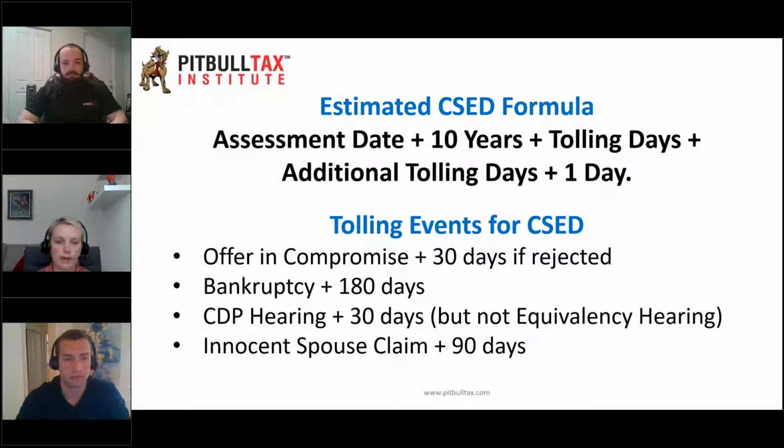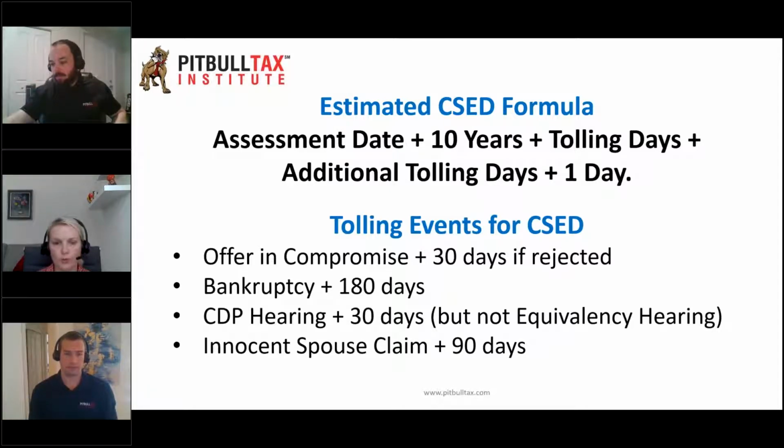Bankruptcy also tolls the statute plus 180 days. A CDP hearing extends the statute plus an additional 30 days, but not an equivalency hearing. So if you file an equivalency hearing, that will not toll your statute. That's another strategy to exploit, and we've covered it during our prior webinars.